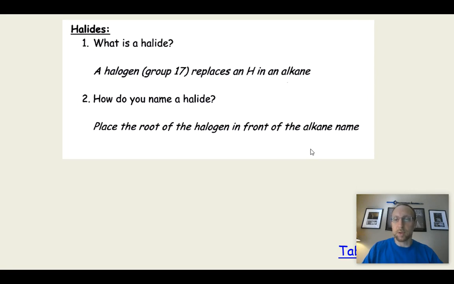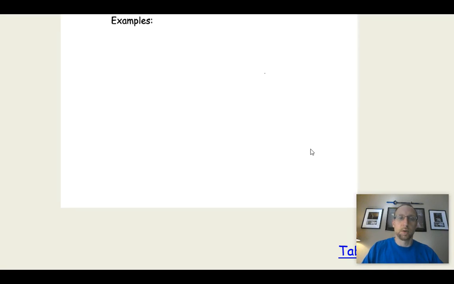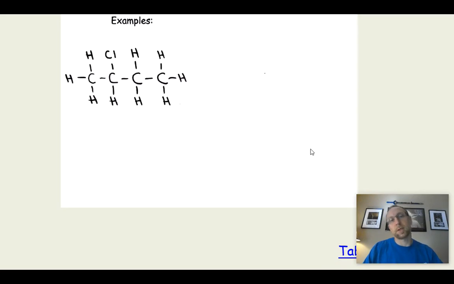There are exceptions, but I'll show you how to use the reference table to help you out with that. So let's look at some examples. Copy this down. We've got a 4-carbon hydrocarbon, but now instead of an H, we've replaced that with a chlorine here. All right.